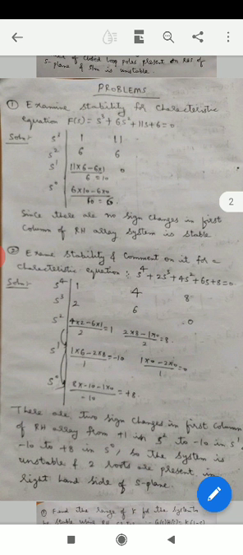Next, similarly, s power 1. So s power 1, how will you take it? So s power 1, the previous two rows are s cube and s square. So the first element is written based on the first column and the second column. So the product of the secondary diagonal elements of s cube and s square is 6 into 1, minus the product of the primary diagonal elements.